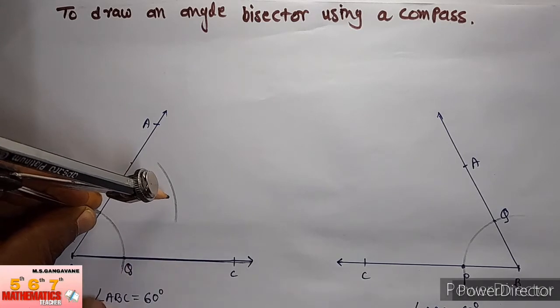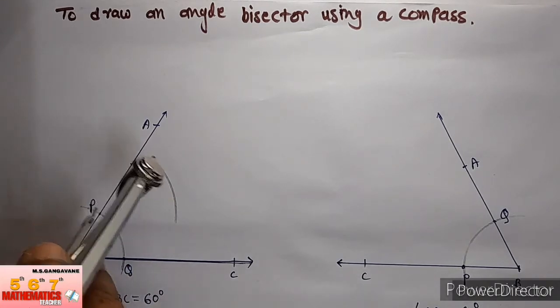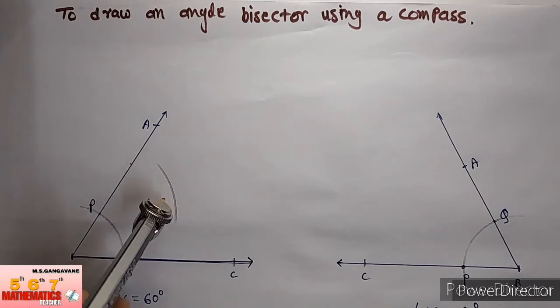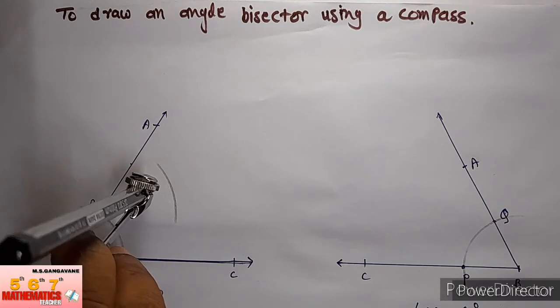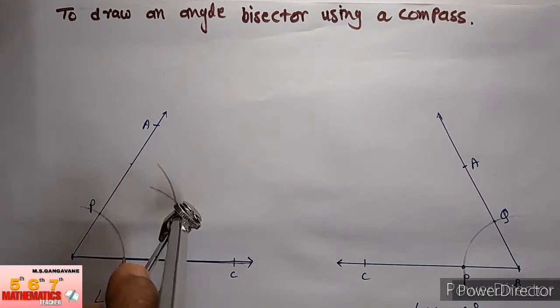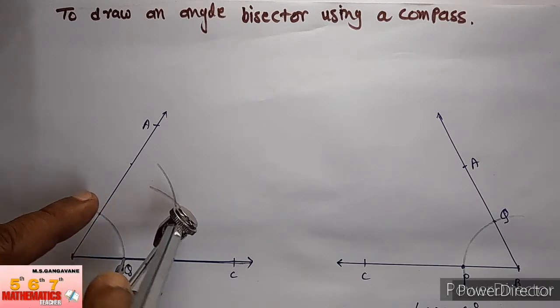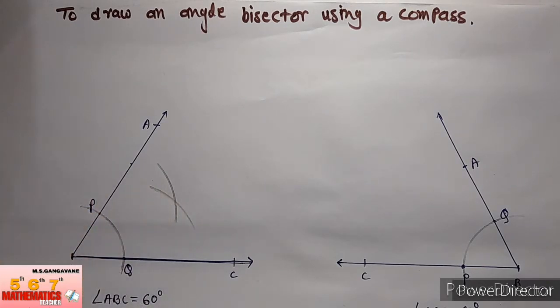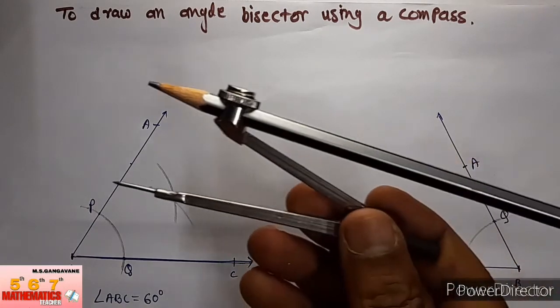Pick up and stay on Q, the same distance not changed, and make another arc to cut the intersection of the first arc.